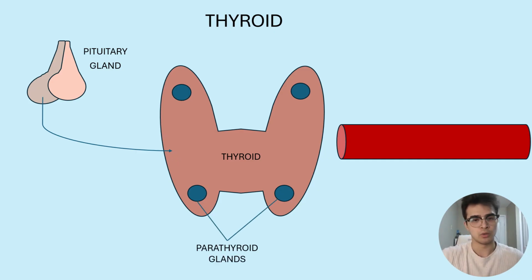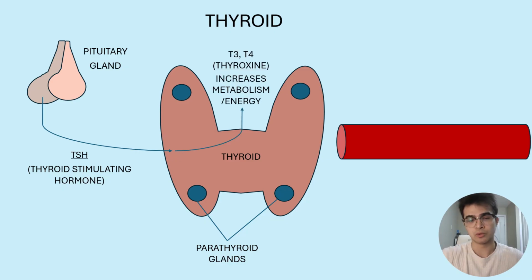So let's start with the pituitary, which releases TSH, or thyroid stimulating hormone. And what this does is it makes the thyroid release T3 and T4, which is also called thyroxine. Thyroxine is important because it controls your metabolism and your body's energy.